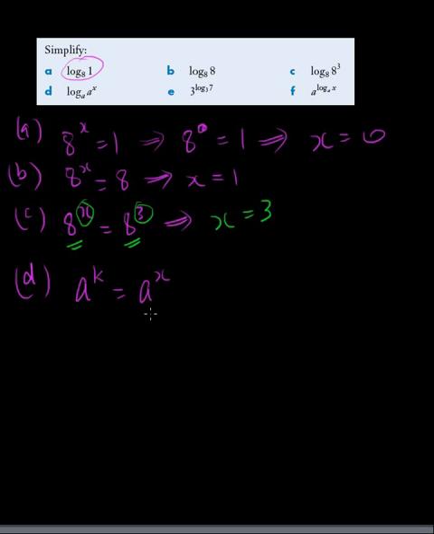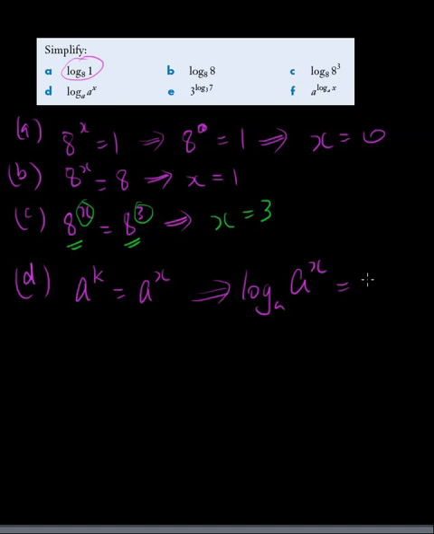So if I wanted to simplify this, k and x would be the same. So a to the power of k is equal to a to the power of x, so k must be equal to x, right? So I can rewrite this whole thing as just x. So log base a of a to the x, k is equal to x.